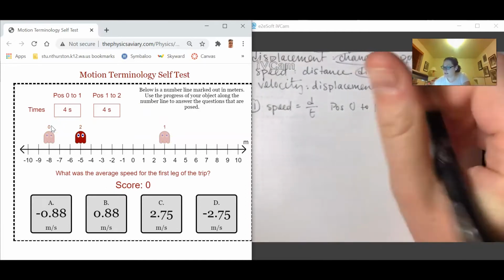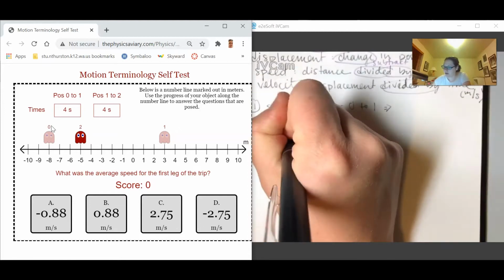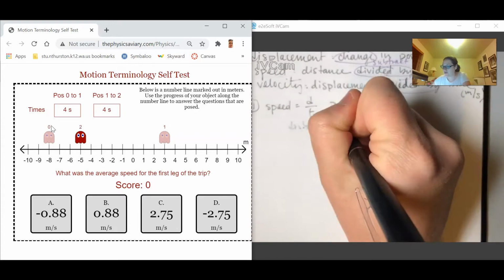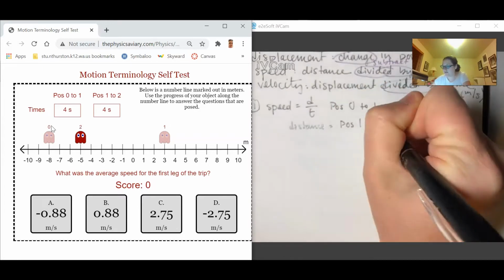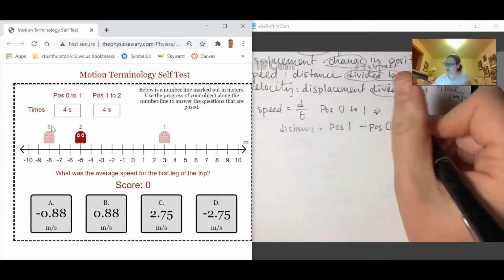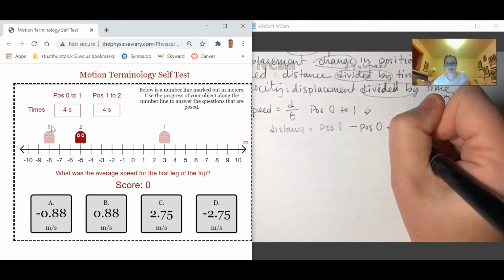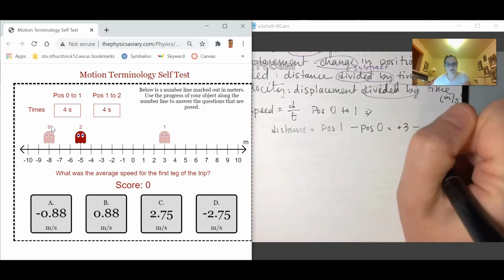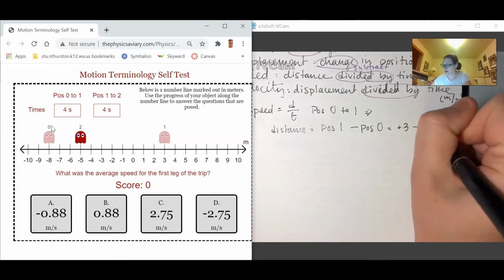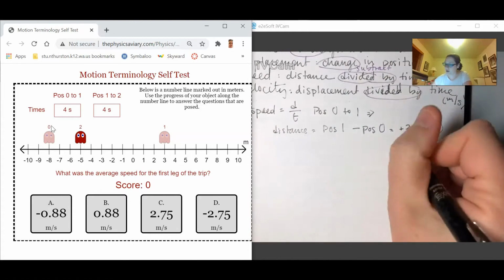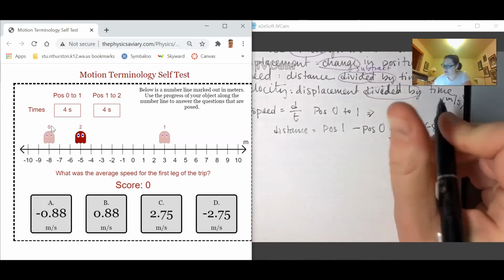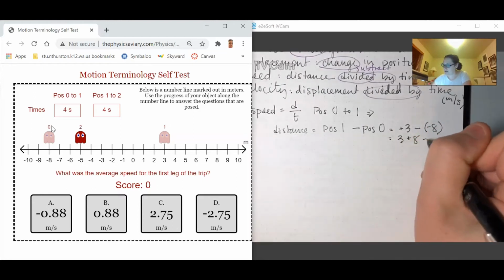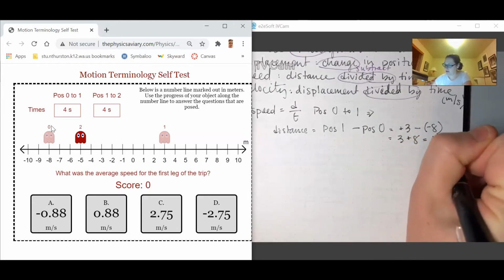So my distance is going to be equal to position 1 minus position 0. If I look at what my position 1 is, that's a positive 3 minus my initial position, which is a negative 8. Whenever I'm subtracting a negative number, that's the same as adding. So my distance is 11 meters.